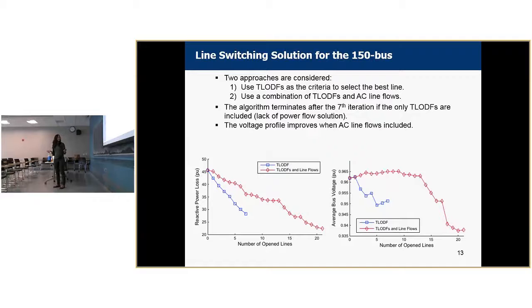Also, the blue line only goes up to the 7th iteration, and it's not there anymore. That's because beyond that point, we couldn't find any more line to open that will still give us an AC power flow solution. But for the one that has the combination of both, you are able to proceed up to 22 lines opening, and you still get a power flow solution.